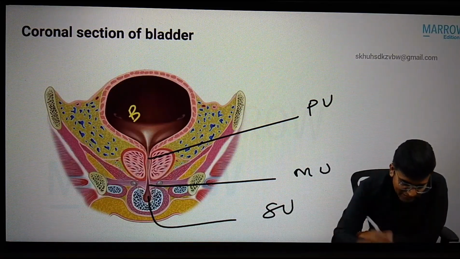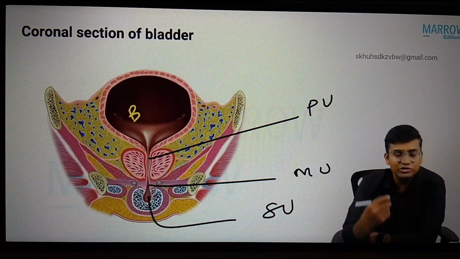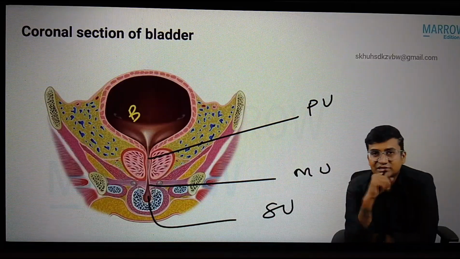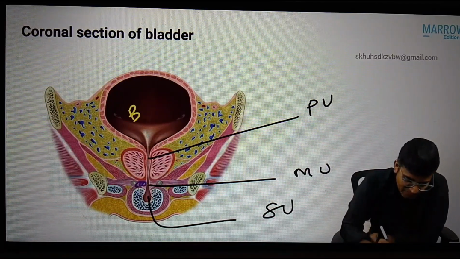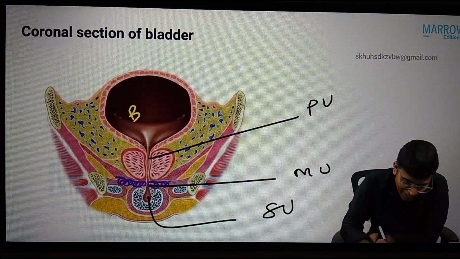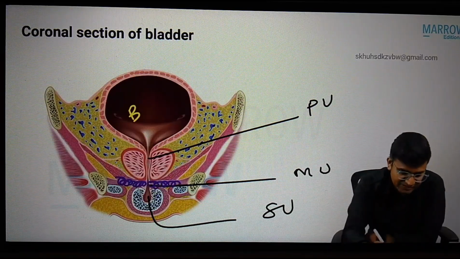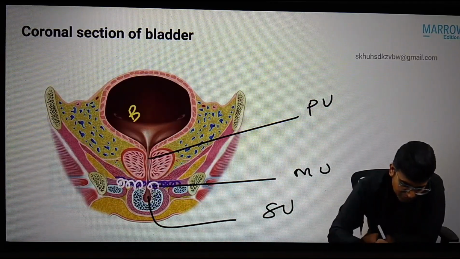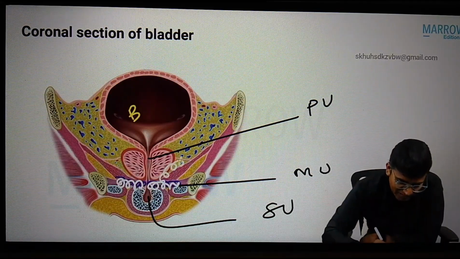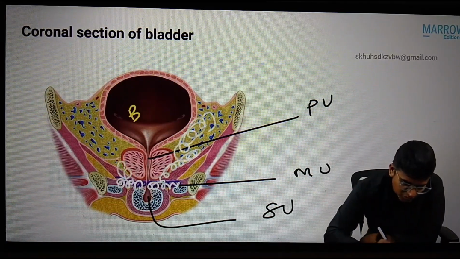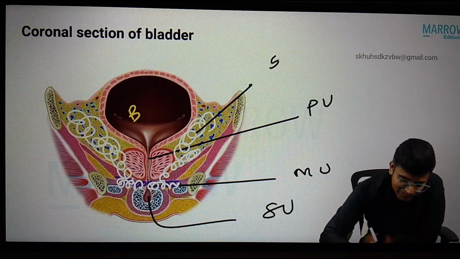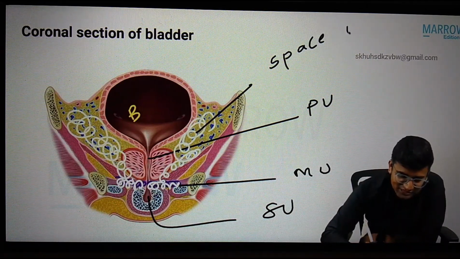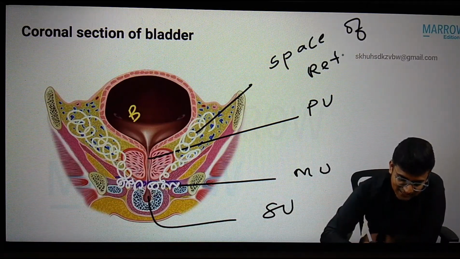Now, the rupture of membranous urethra, I told you, is due to pelvic fractures. So the patient is having pelvic fractures and the urine comes to which space? Deep space. Urine comes to the deep space. Now from the deep space, the urine also goes to the space surrounding the bladder and the prostate. I'm talking about this space. That space is called the space of Retzius.